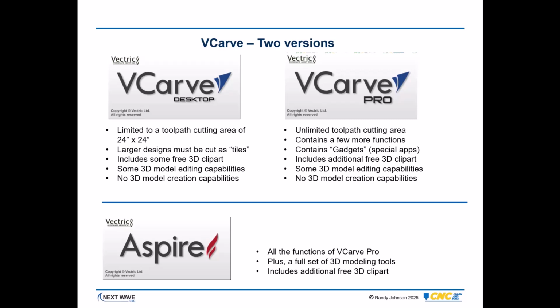But until you get some time into your belt with VCarve, there's probably no need for it. If you do like 3D carving, VCarve can do an unlimited amount of 3D carving. You just can't create your original 3D model. So that's kind of a lineup of those 3 softwares. If you have more questions about that, don't hesitate to drop me an email and we can chat more about it.